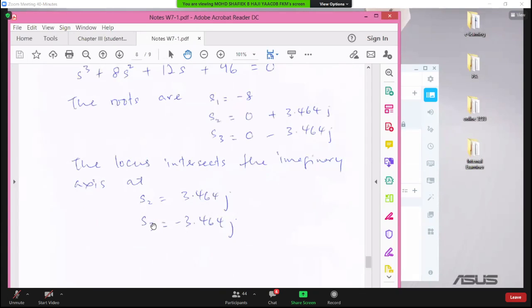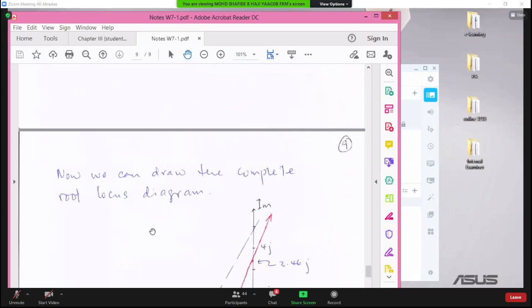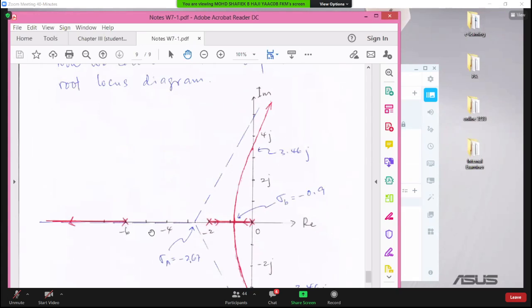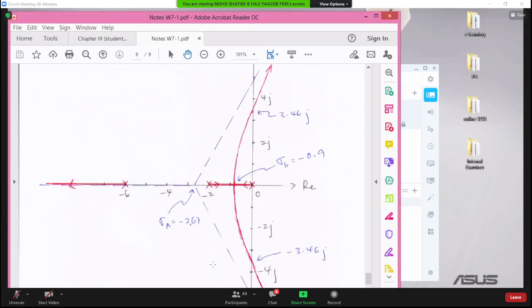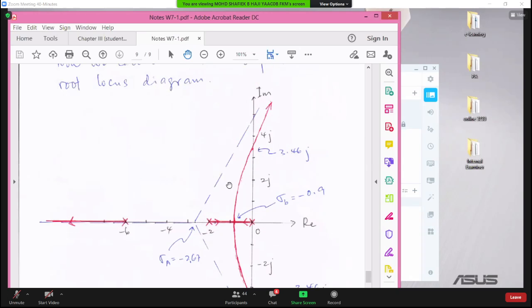I know it's quite a lot, but I think I have explained that clearly. So we have 3 locus starting at every pole. One of them goes out from negative 6 all the way to infinity. It is already along the asymptote line, and there are 2 more locus.